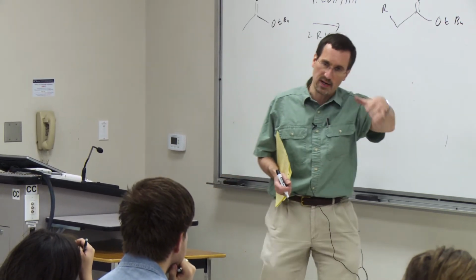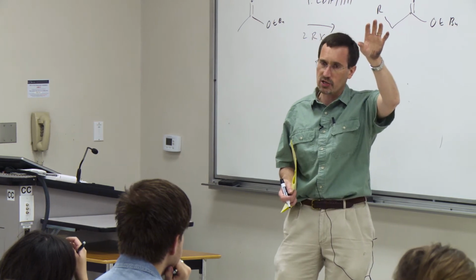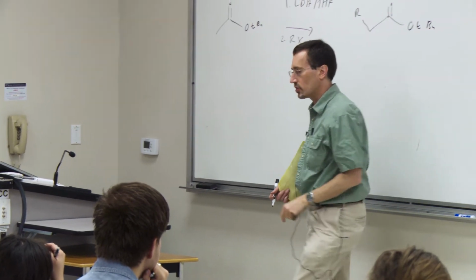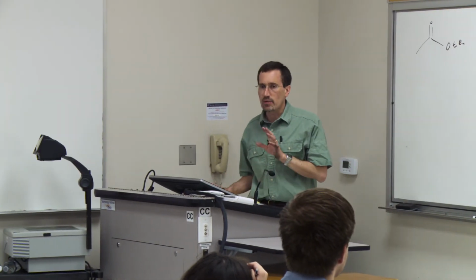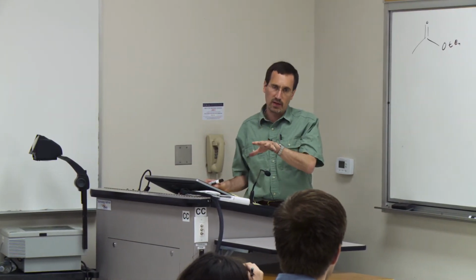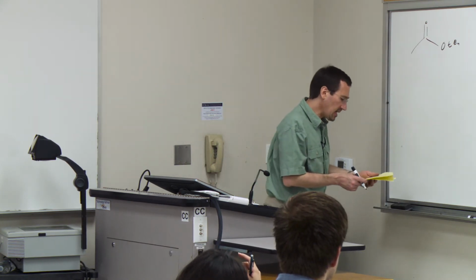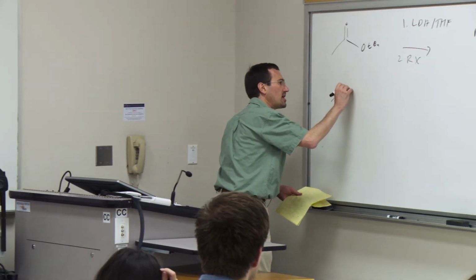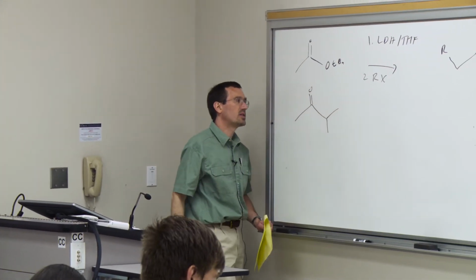If you have a very uphill reaction, you have a late transition state. What that translates to is basically the reaction looks a lot like the reactants in a downhill reaction. This gives rise to an opportunity for regioselectivity, and I want to show you a couple of examples of this.